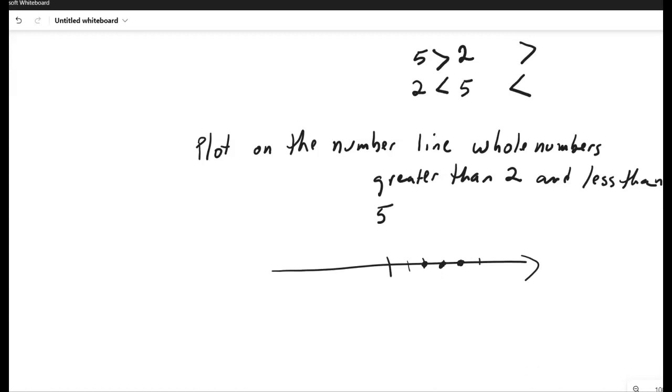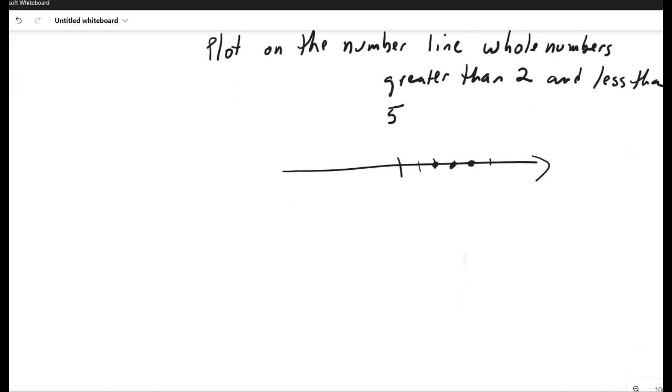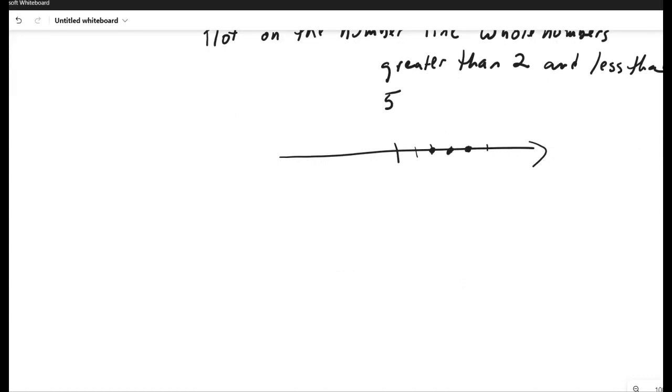Now, if we were talking about all values, say all values of x such that, let's rewrite it this way, all values, not just whole numbers, this sentence tells us something a little bit different.